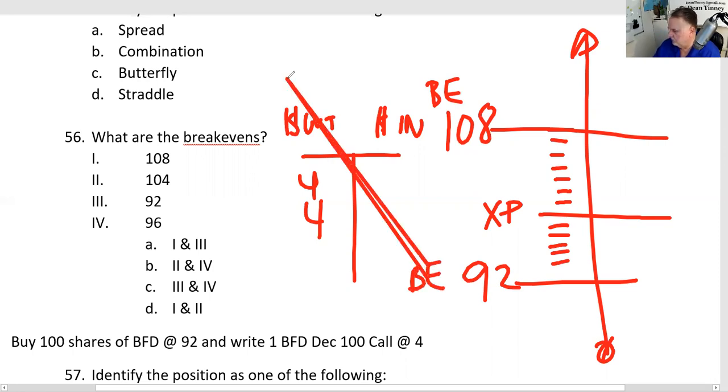So test question number 1 is, can you identify a straddle? Long 2 different types of contracts or short 2 different types of contracts. By the way, a combination is just a straddle with different strike prices. You wouldn't do anything different. Test question number 2 is, can you calculate break evens? Test question number 3 is, where is the straddle profitable?